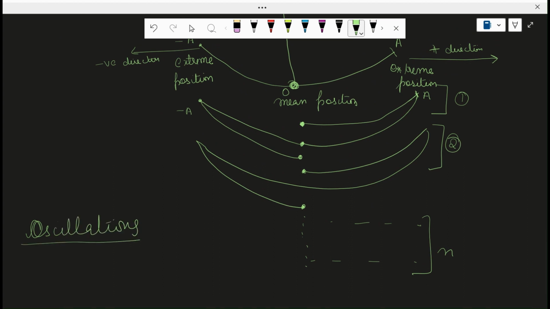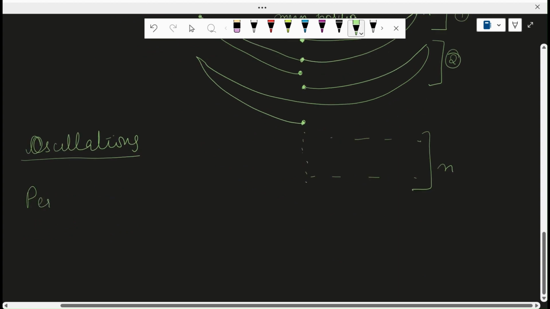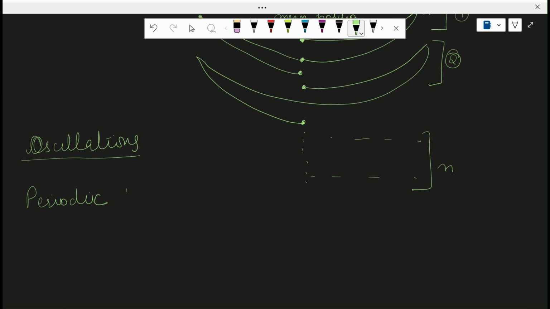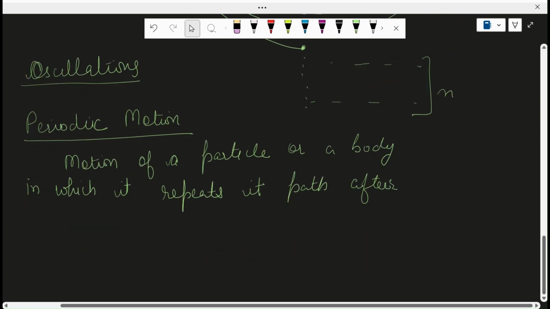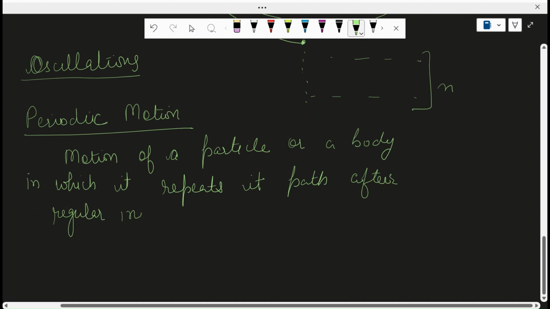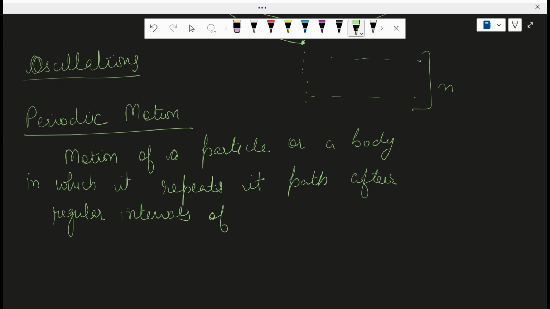So what is the pendulum doing? The pendulum is moving in a periodic motion, and from here we can say that periodic motion is the motion of a particle or a body in which it repeats its path after regular intervals of time.